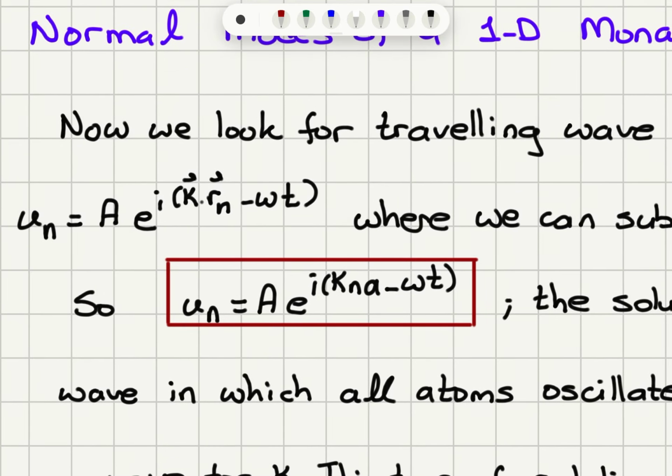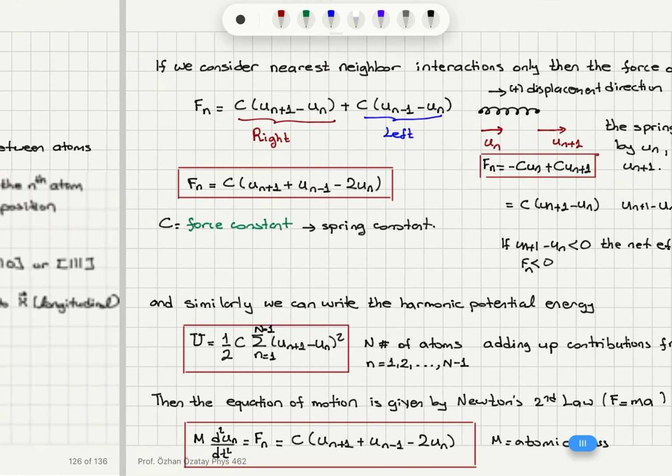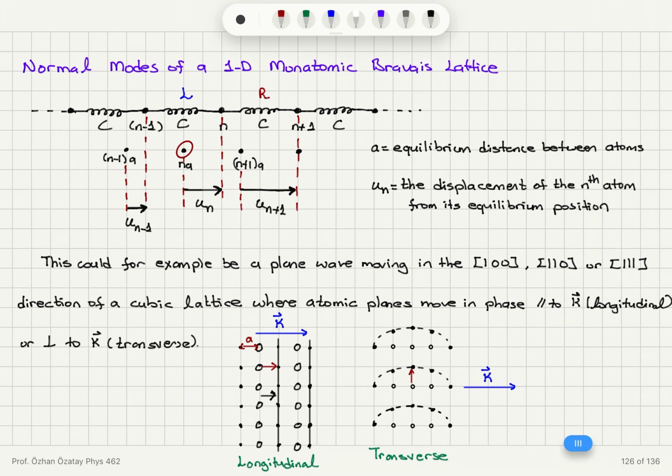Now, when we substitute for Rn, n times a, and if the wave vector is parallel to the position vector, let's see if that's the case. So we have a wave that will propagate in this direction. We're talking about a longitudinal wave here, for example.